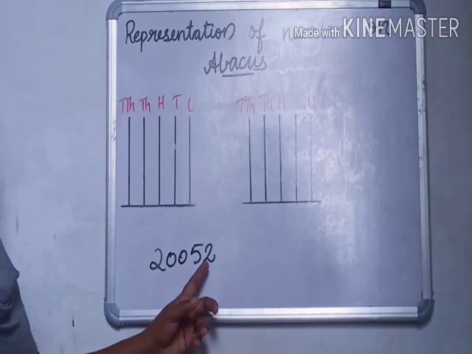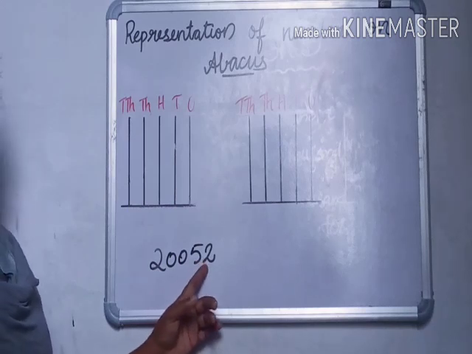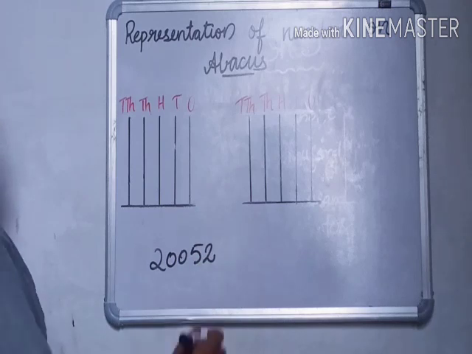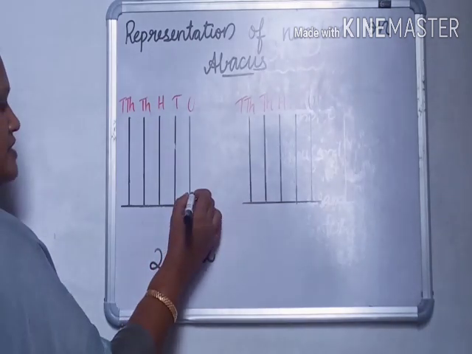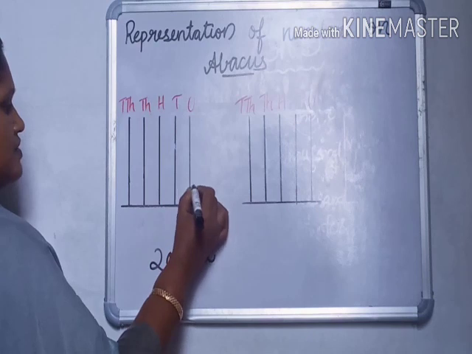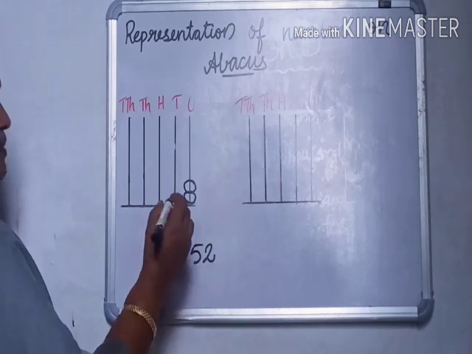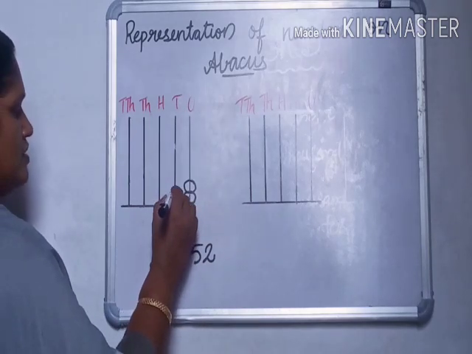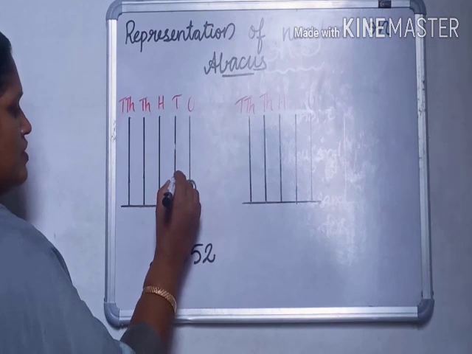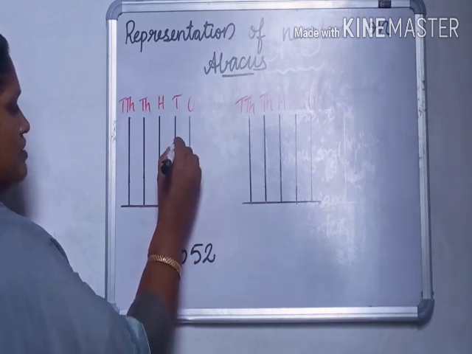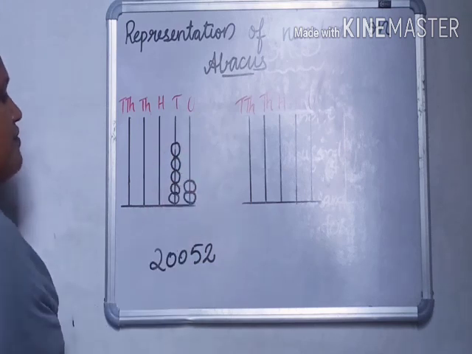In units place or ones place here 2. So we have to put 2 beads in ones place. Then in tens place 5 beads. 1, 2, 3, 4, 5.